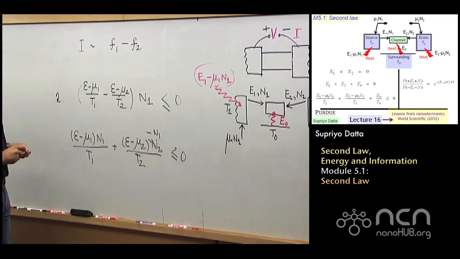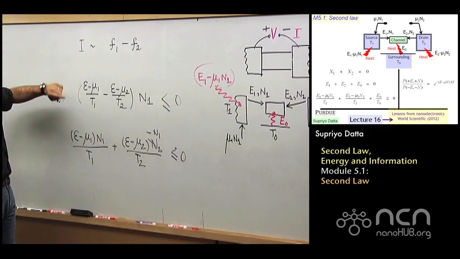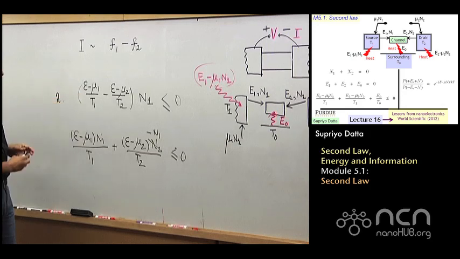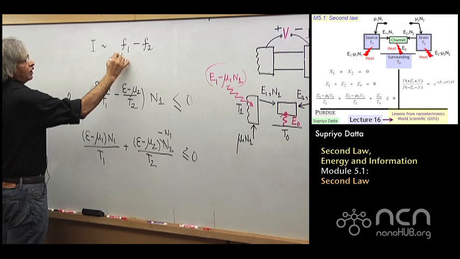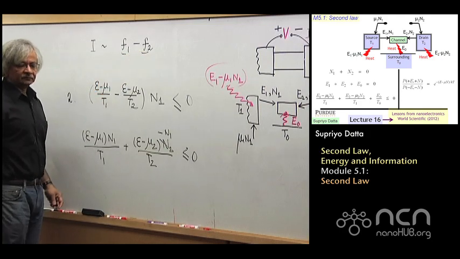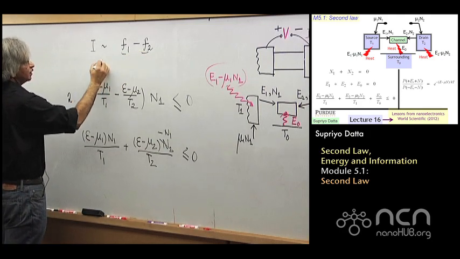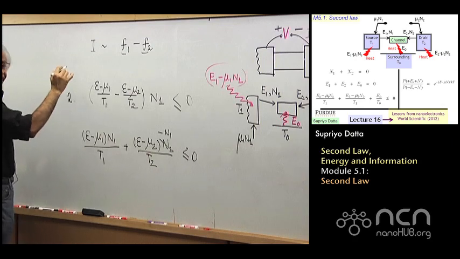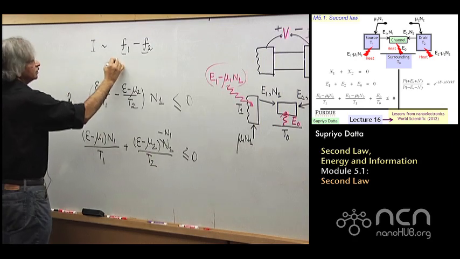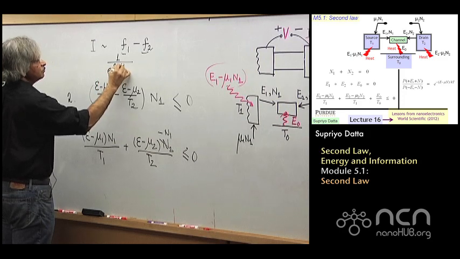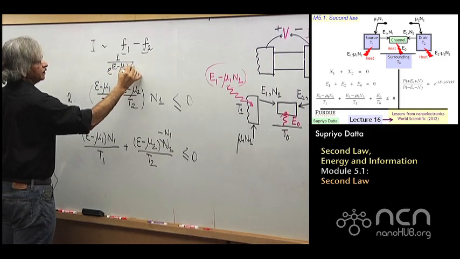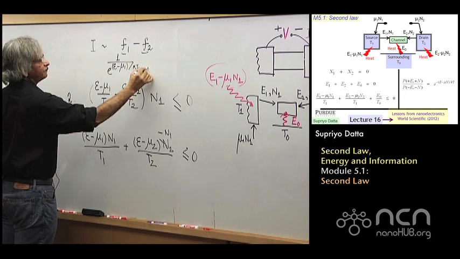Now, what you can see easily is, let's say, F1 is bigger than F2. What is the Fermi function? The Fermi function, as you know, is given by 1 divided by exponential of epsilon minus mu1 over kT1, plus 1.